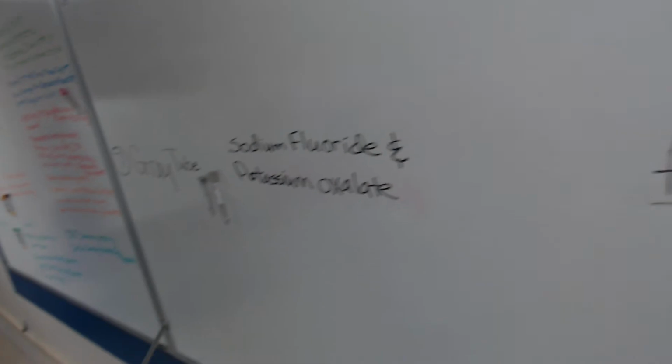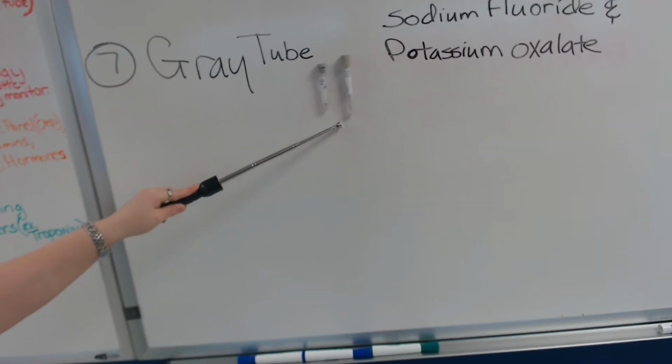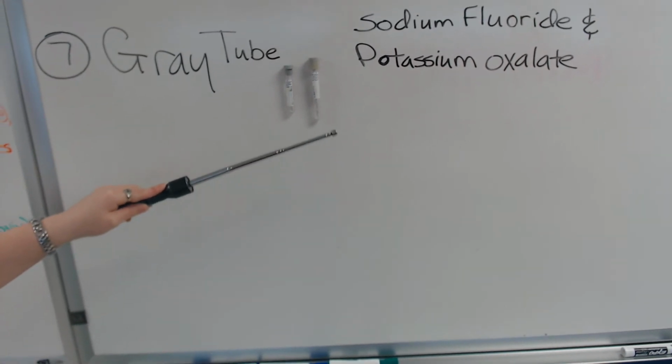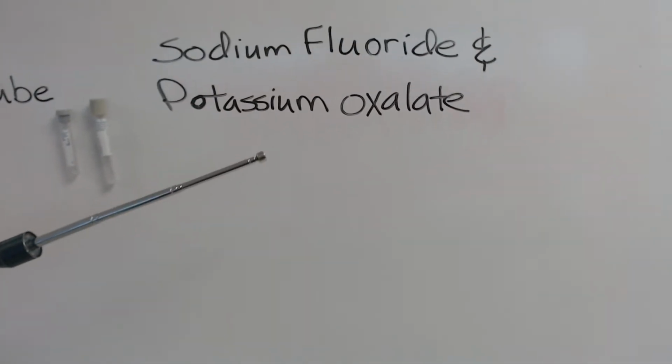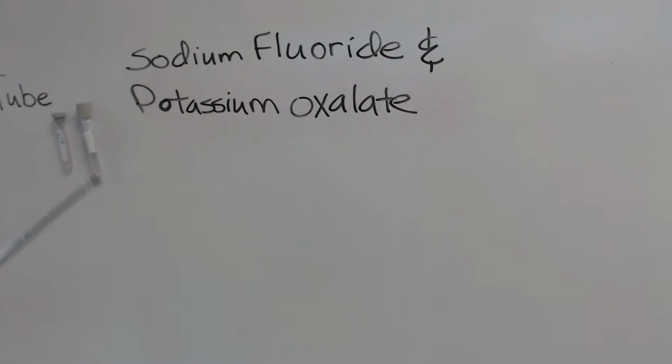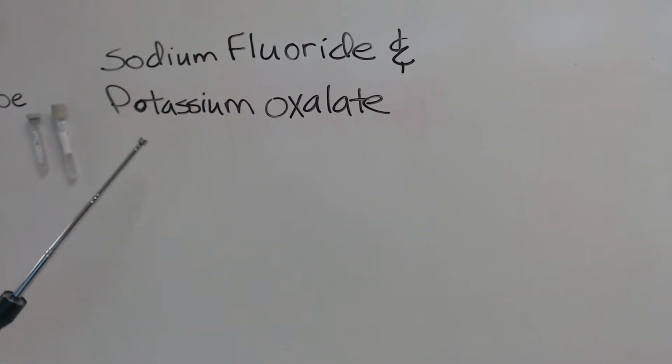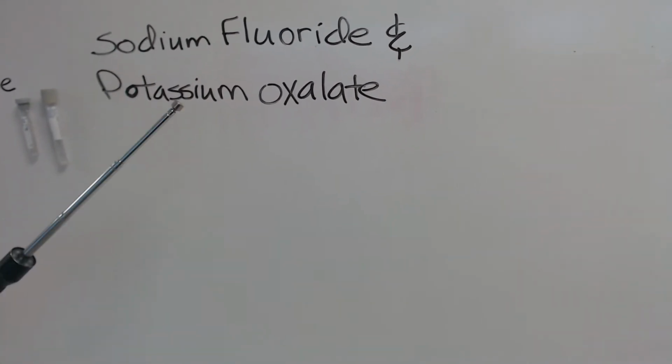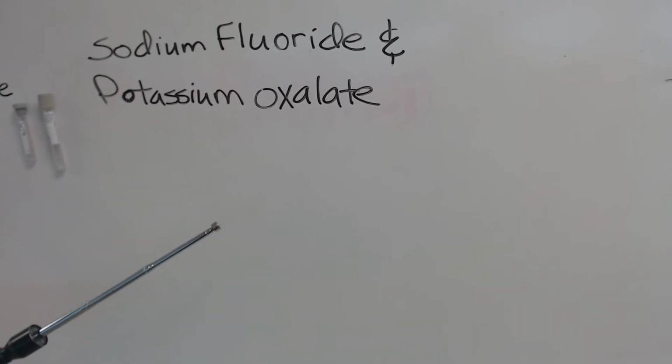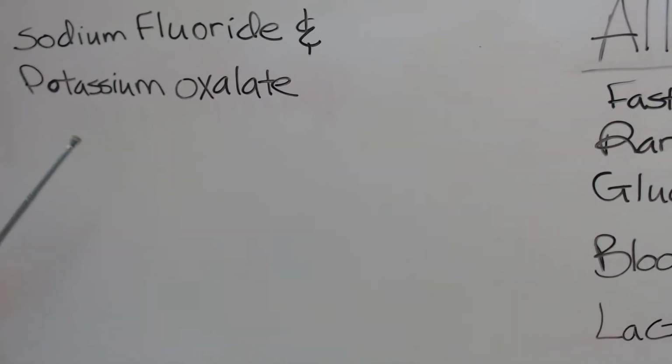All right, lastly, you have your gray top tube. Here are some examples of those because they can vary a little bit. There are two additives in a gray tube, so this is the only one you have to worry about learning two. That's sodium fluoride and potassium oxalate. In this tube, you're going to put all your glucose testing.